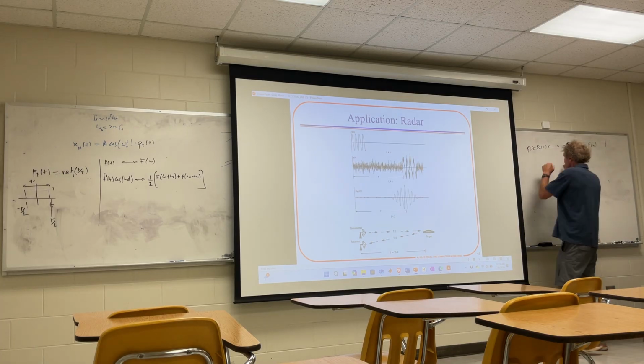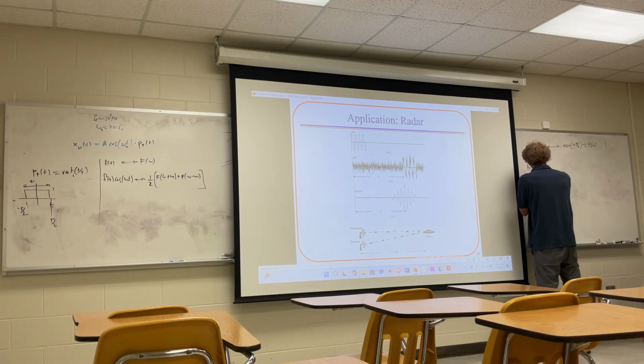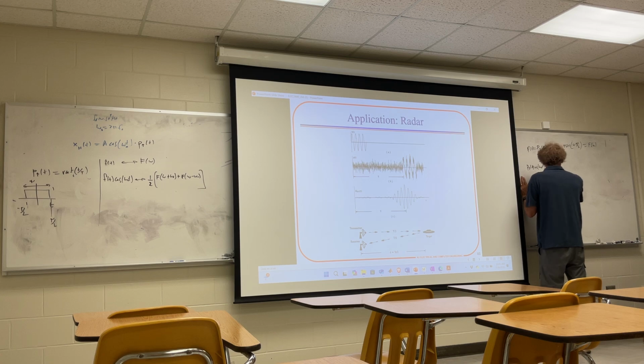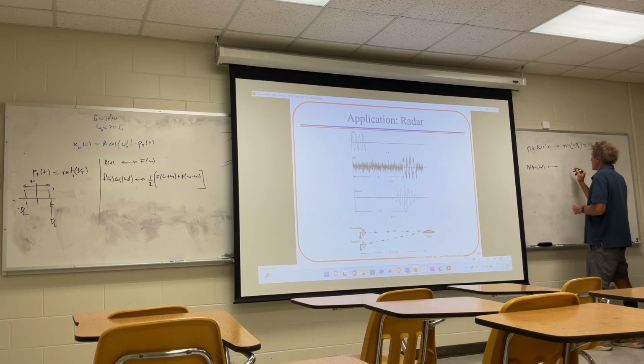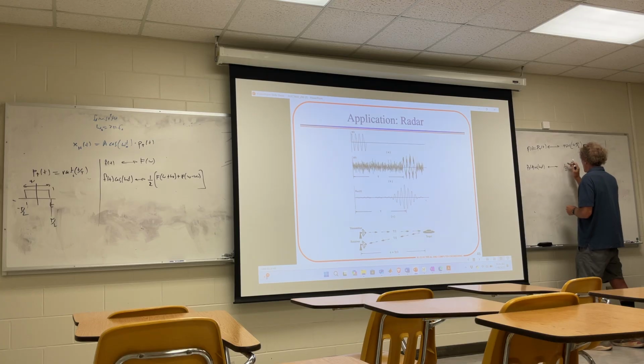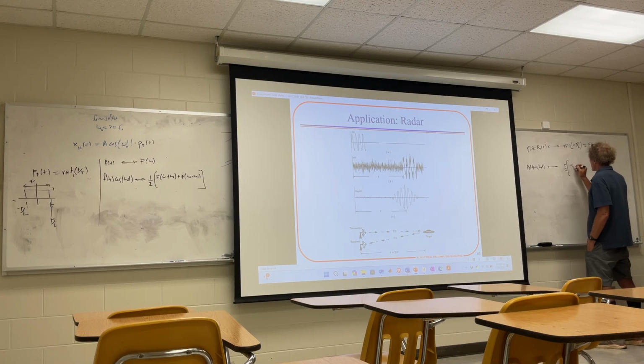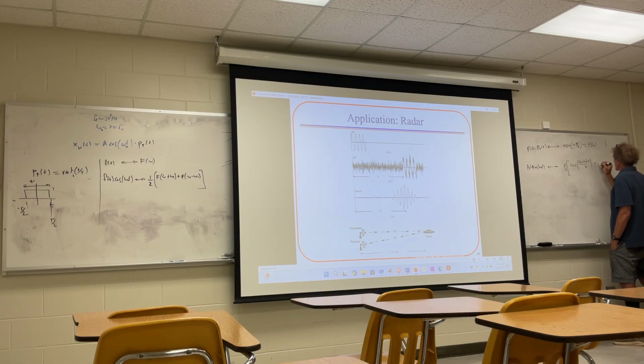Now, when I take that pulse function and multiply it times my high frequency cosine omega t, now what happens is I get 1/2 tau, and then I get that sinc function, sinc of quantity omega plus omega naught tau over 2, plus the sinc function of omega minus omega naught quantity tau over 2.